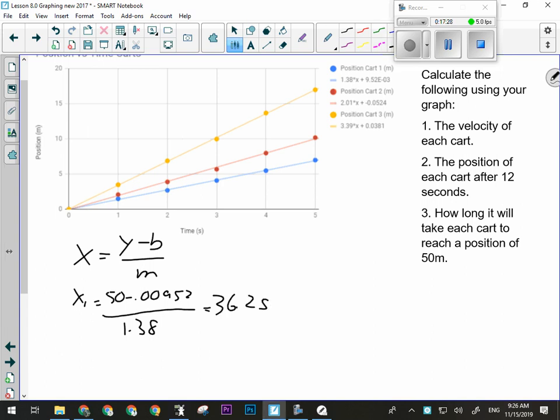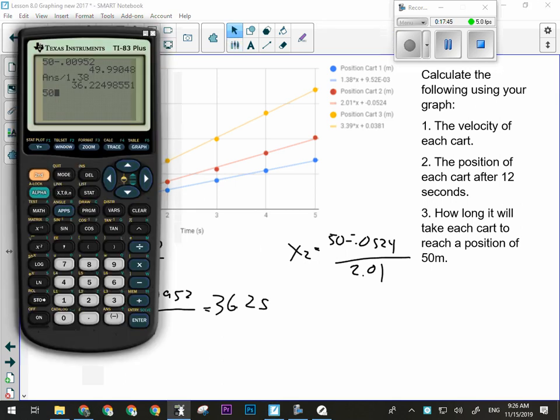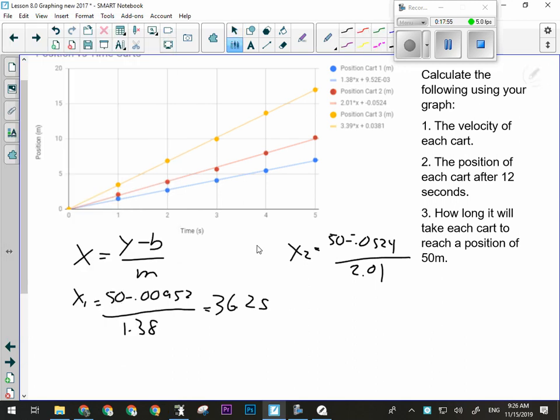For cart number 2, we're going to have 50 minus negative 0.0524 divided by 2.01. So we're getting 24.9 seconds for that one.